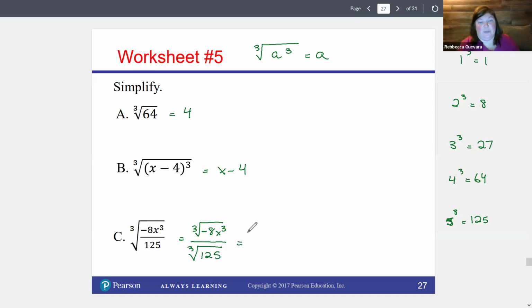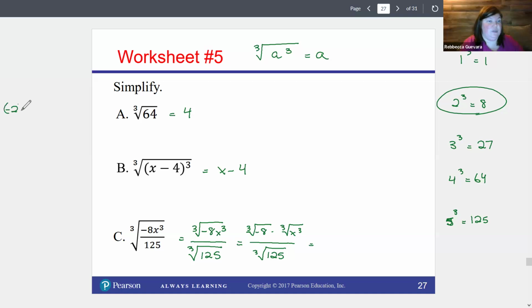So this is still a product up here. So that is the cube root of negative 8 times the cube root of x cubed over the cube root of 125. We know that 8 comes from 2 cubed, but we have negative 8. Well, if you do negative 2 times negative 2 times negative 2, that's going to give me negative 8, right?